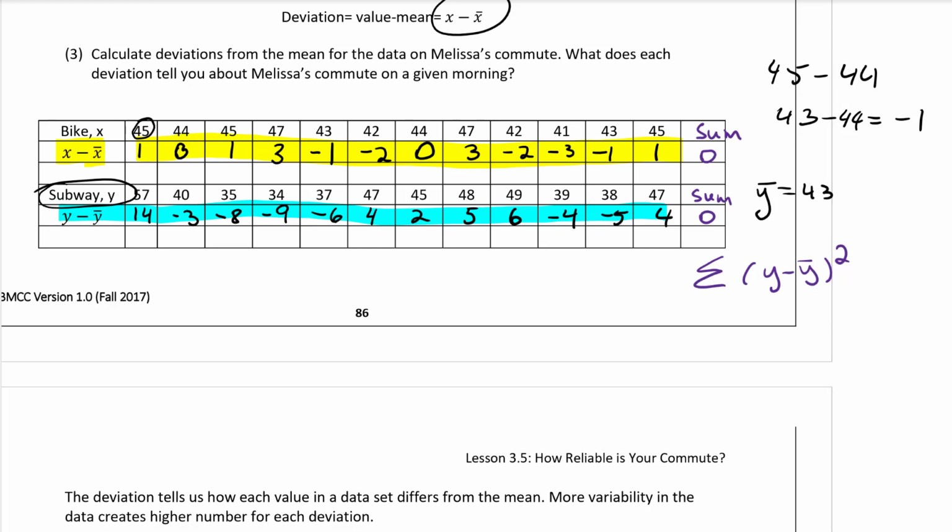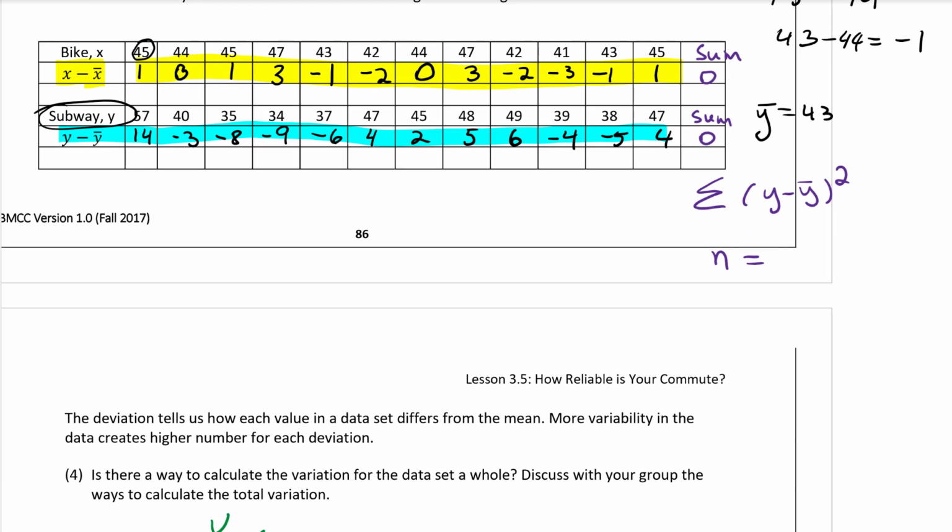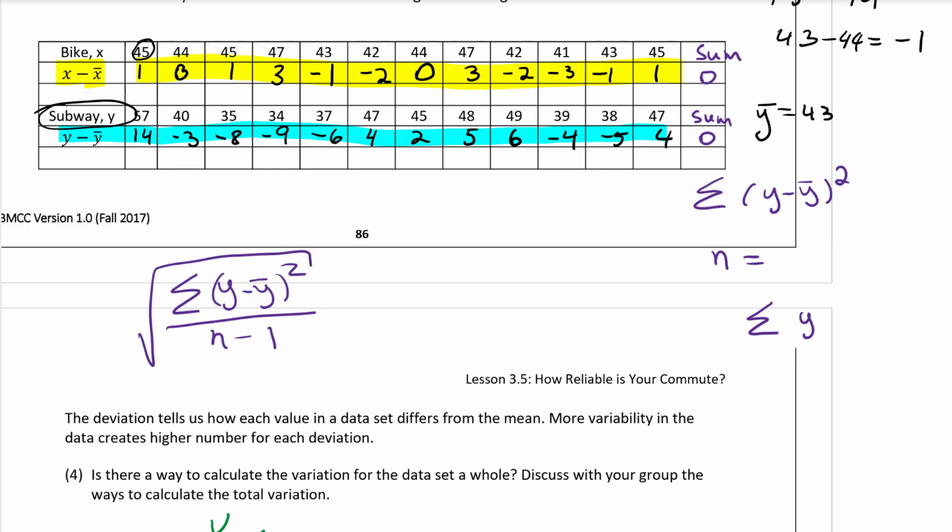I'm going to ask you to tell me what n is, and finally, I'll ask you to compute this. What is it? The square root of the sum of all the squared deviations divided by n minus 1. You will divide it by n minus 1, and then you will take the square root, okay? So I'll give you a moment to compute that, and then we'll review.